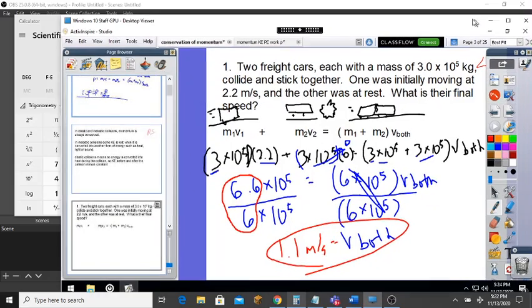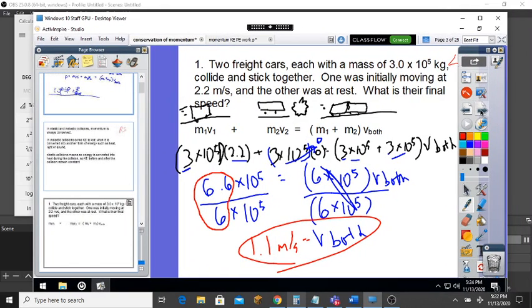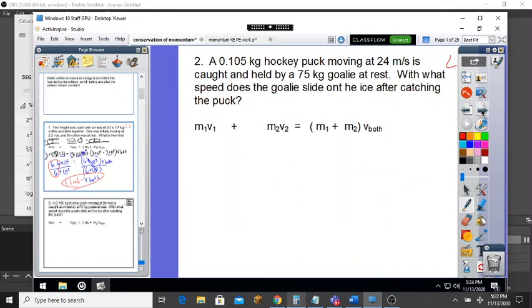Now, let me go to the next example. Make sure you copy this on the left side. So here you have a hockey puck. It's moving at 24 meters per second, and it's caught by a goalie.